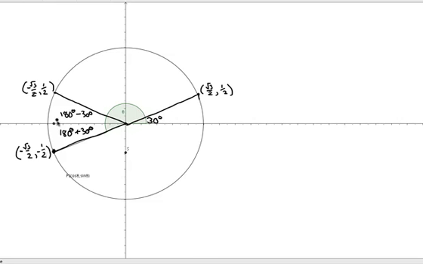This is the positive 1/2, we've now gone below the x-axis, same distance, that's minus 1/2. So 180 plus 30: the cosine of 210 and the cosine of 30 have opposite signs. The sine of 30 and the sine of 210 also have opposite signs.